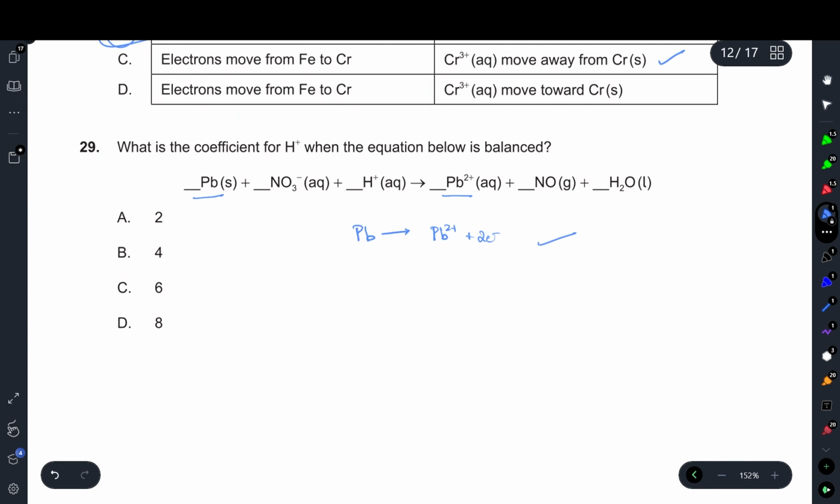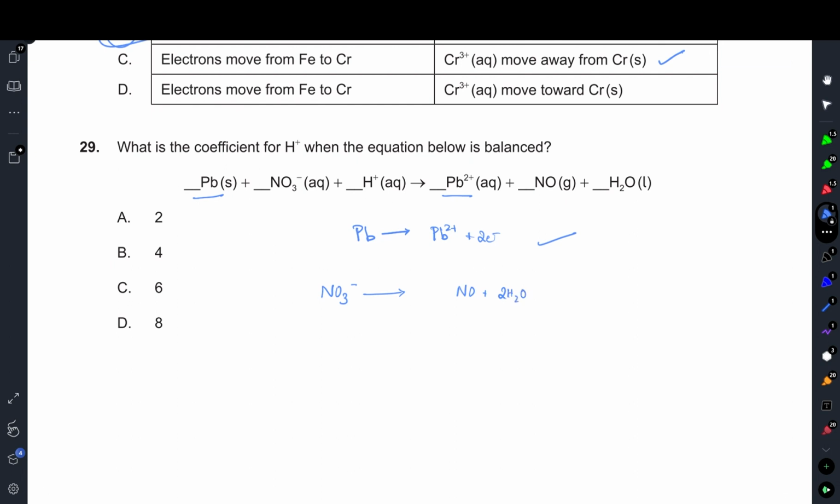Next, let's go ahead and balance out our NO3- and NO. You have a deficiency of oxygen on this side, 2 oxygens, so 2 H2O, and now you have an excess of 4 hydrogens on the right hand side. So you add 4H+ here. Now the charges are imbalanced, so you add an extra 3 electrons on this side to make both sides neutral.